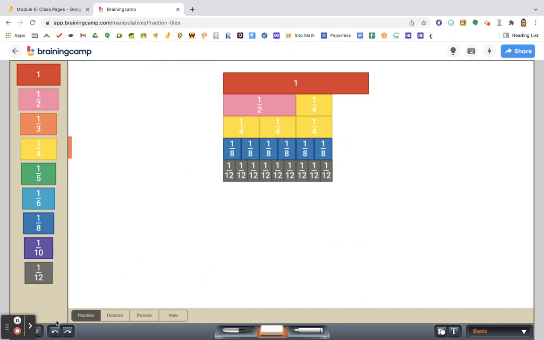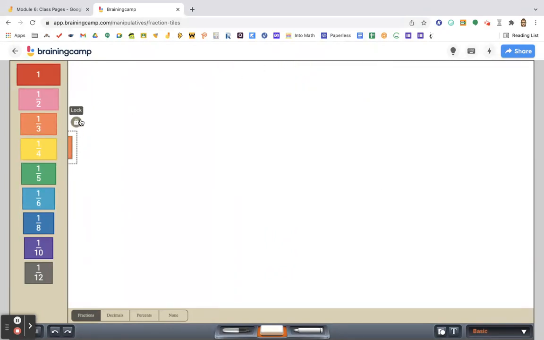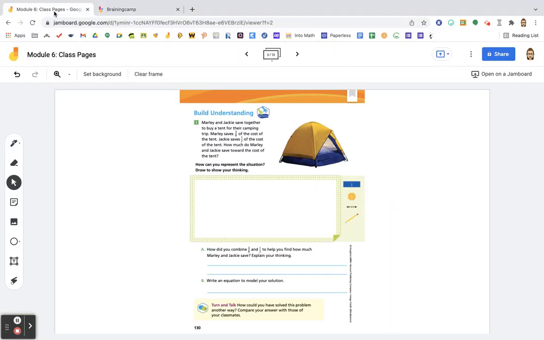So I'm going to come over here and clear the drawing. Okay, and so we're going to start again. I'm going to compare to the 1.